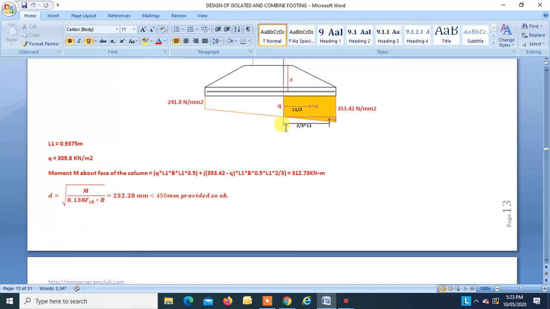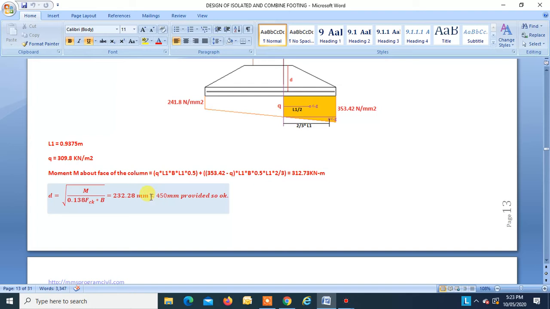The next step is to check whether the D provided by us is greater than the minimum required. For a balanced section we know M is equal to 0.138 fck B D square. When fck is 20, D is equal to under root M by 0.138 fck into B. So D is found to be 232.28, and we have provided 450 mm.